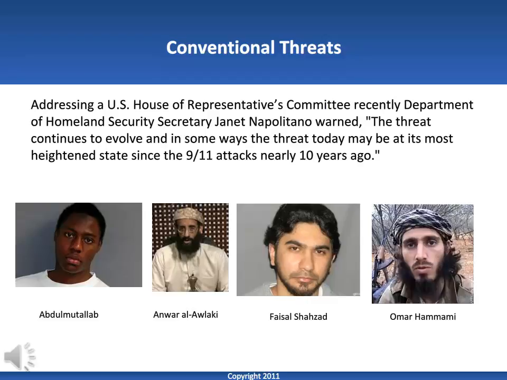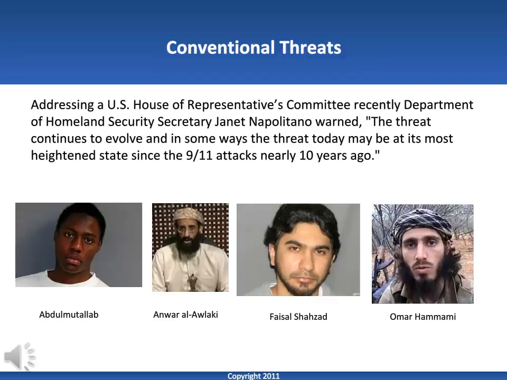The second person there is Anwar al-Awlaki, who also was part of AQAP, or Al-Qaeda in the Arabian Peninsula, and has been known as a major inspirationalist for a lot of people who seek to strike at the United States.